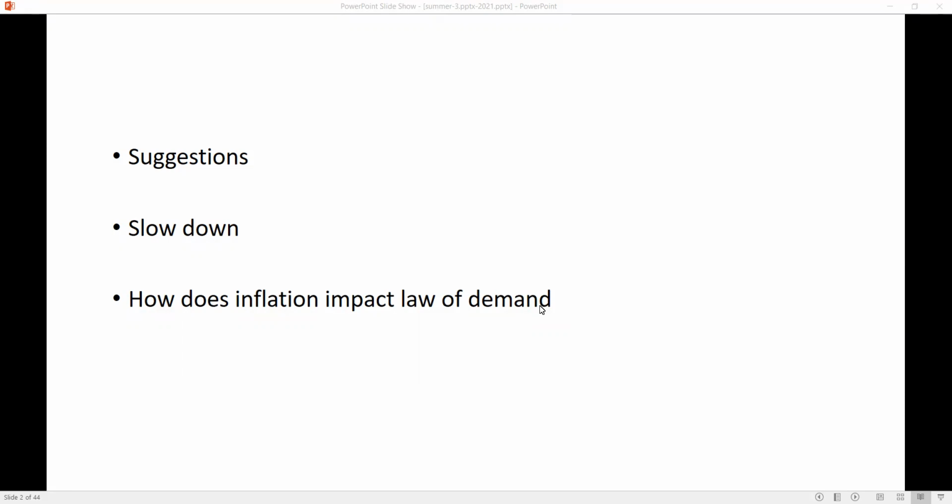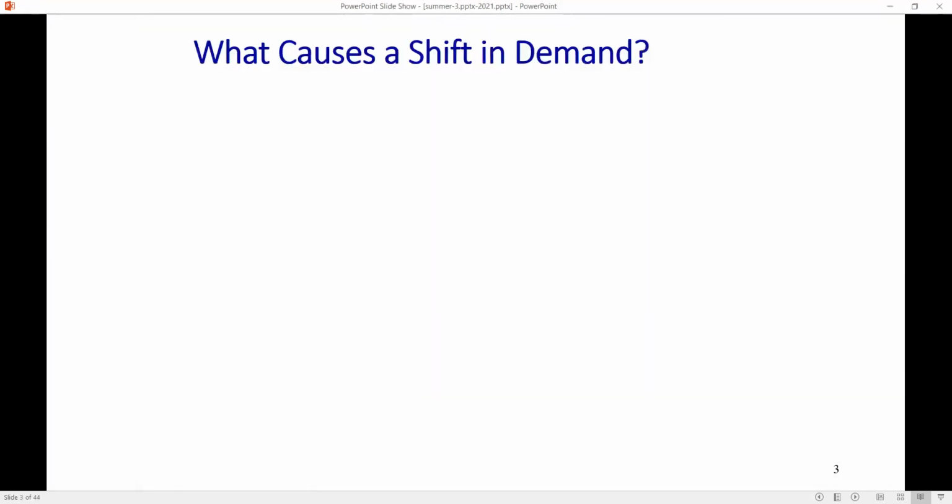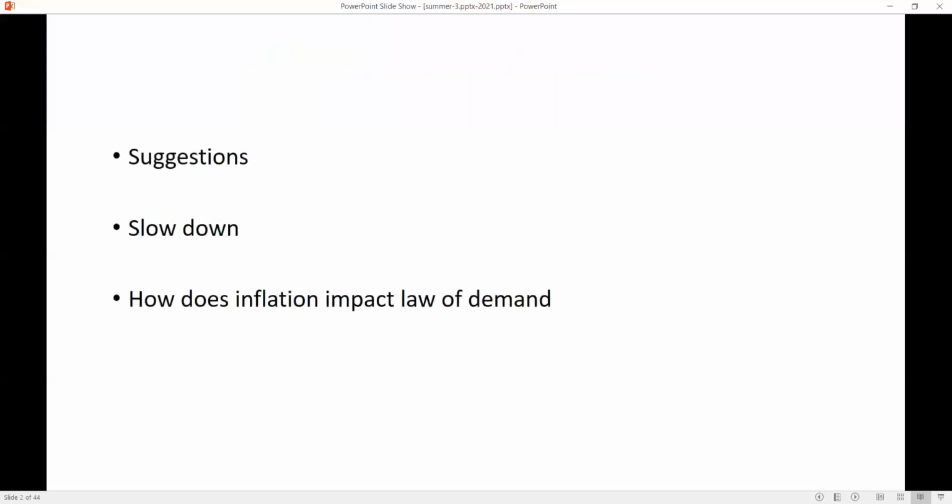One of the questions someone asked is, how does inflation impact the law of demand? The law of demand is when prices go up, quantity demanded goes down. So when inflation occurs, prices go up for everything. That means the substitution effect isn't available, because when the price of Coke goes up, so does the price of Pepsi.